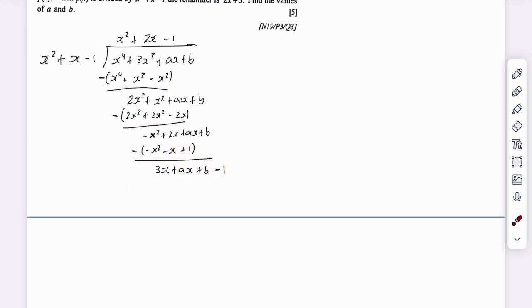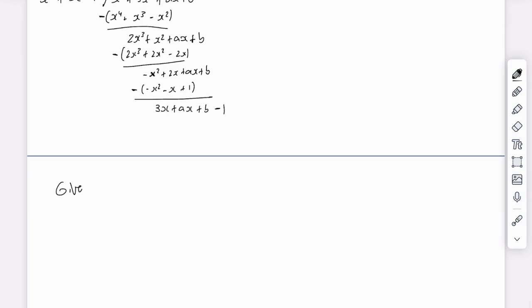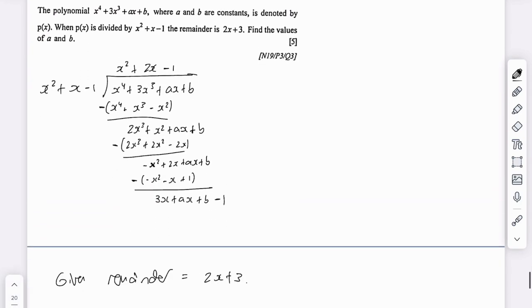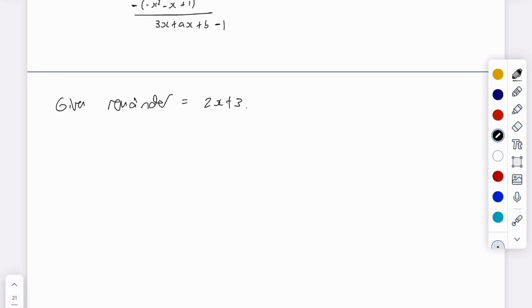Now we can say that, given the remainder is equal to 2x plus 3, that's what we're given here, we can therefore say that 3x plus ax plus b minus 1 is equal to 2x plus 3.